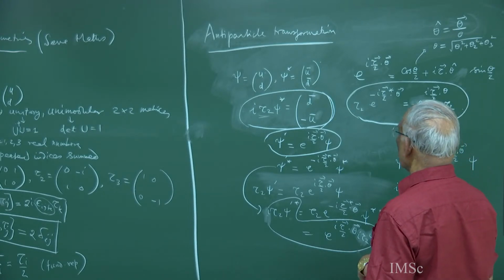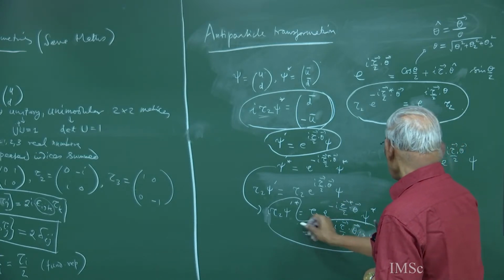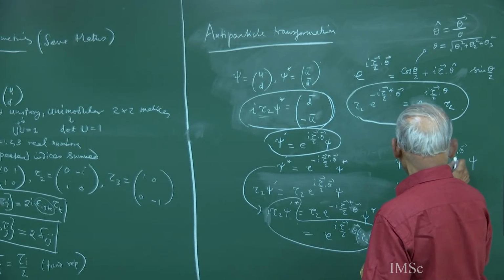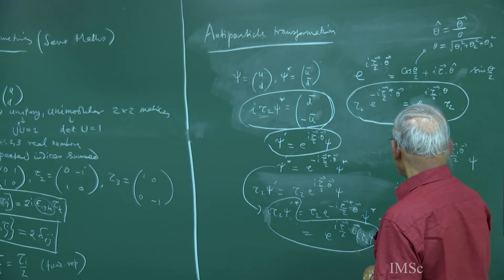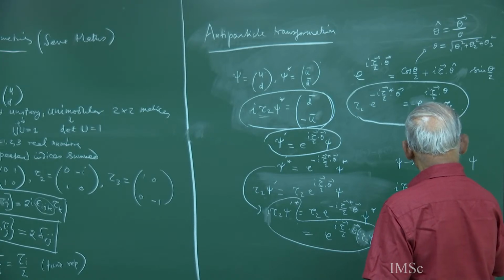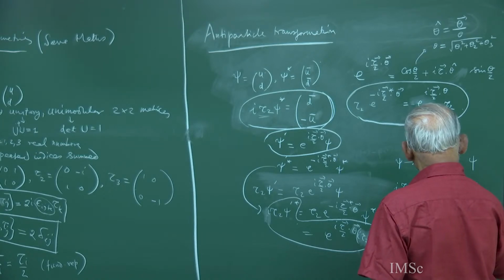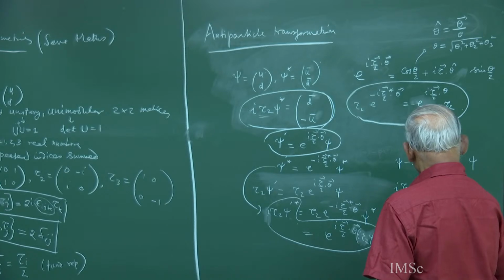So this is the antiparticle wave function, because I tau 2 psi star goes exactly in this direction, just like this with this. So I tau 2 psi star is the correct isodoublet wave function for antiparticles. Just remember this point.